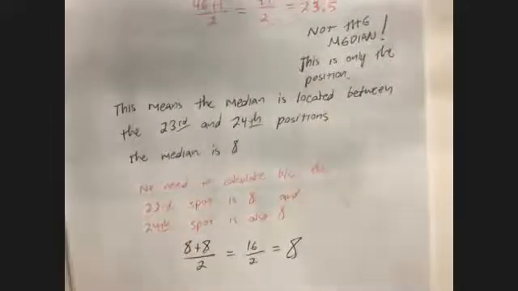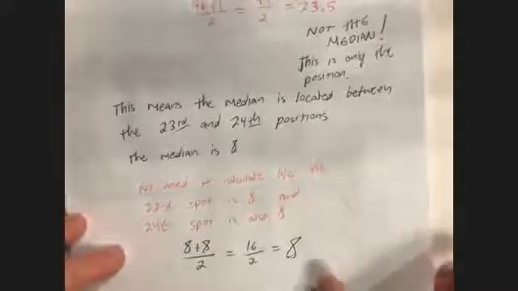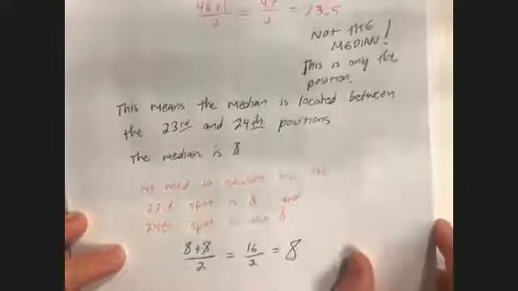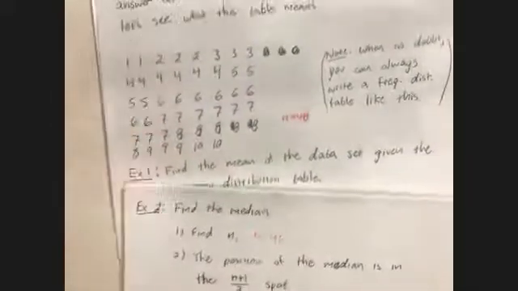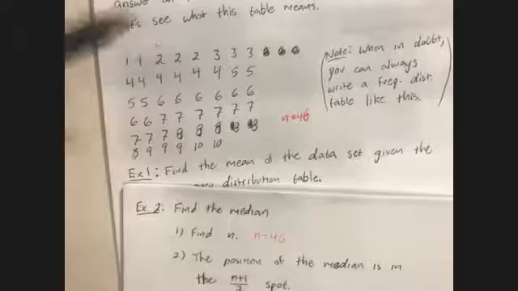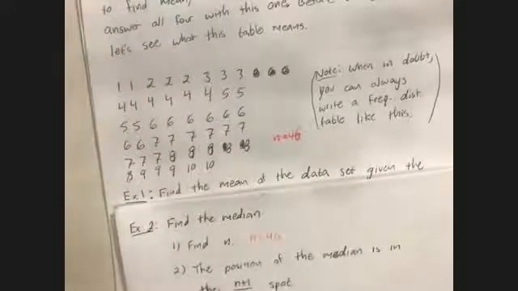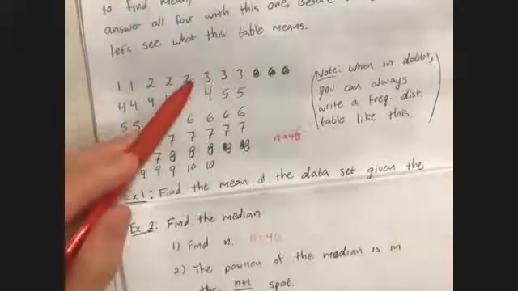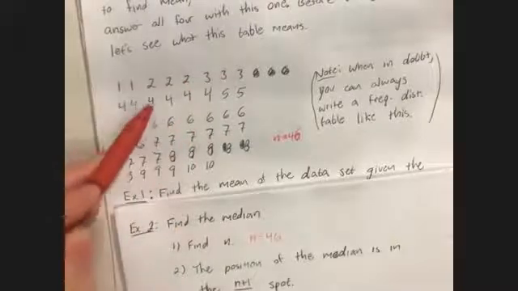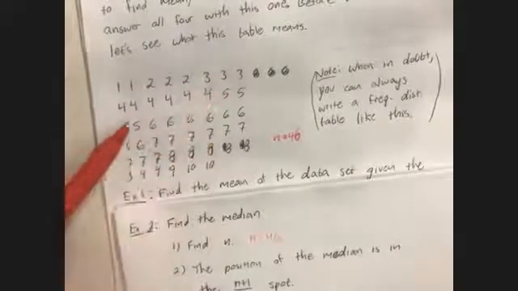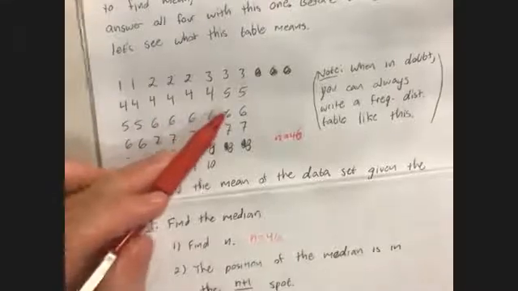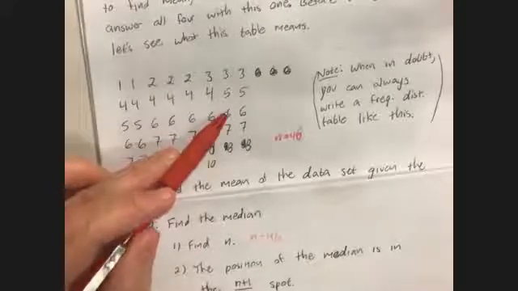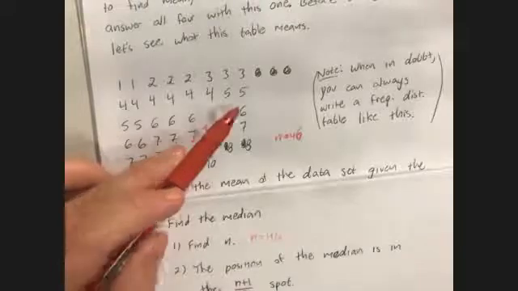So you might have had to pause the video and you're maybe confused. That's okay. Here, I'll show you on this. We agreed that it's between the 23rd and 24th spot. So let's find that. 1, 2, 3, 4, 5, 6, 7, 8, 9, 10, 11, 12, 13, 14, 15, 16, 17, 18, 19, 20, 21, 22, 23, 24.